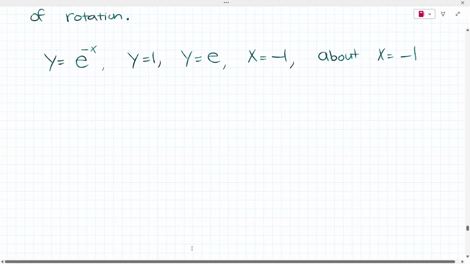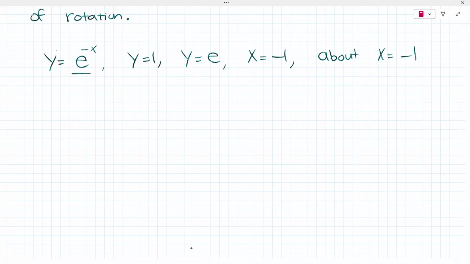Okay, so we know how this graph looks. This is a typical, what is this called? Oh my gosh, I forgot. It's not a log graph, it's the opposite of log, exponential. And it's a decreasing exponential, right? Because of this negative x, it's sort of like a reflection.